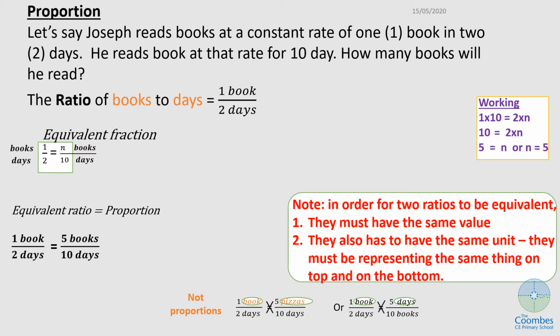This is how we will set up our equivalent fraction. Using equivalents, we will use cross multiplying to work out how many books.